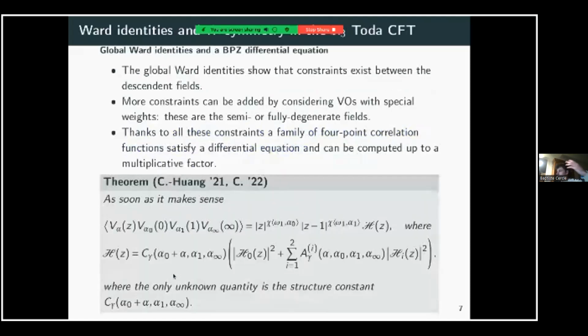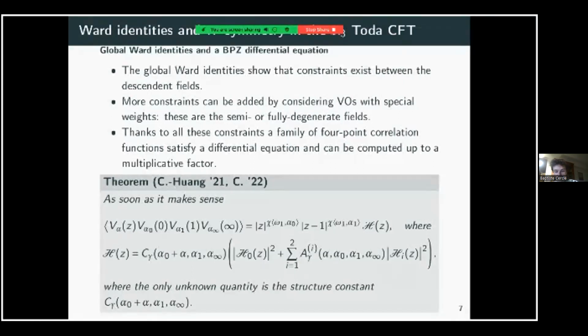And if you have a lot of constraints, a lot of equations, and if you combine all these equations, you end up showing that a certain family of 4-point correlation functions satisfy a differential equation. And thanks to this differential equation, you can show that a family of correlation functions of the form V alpha 0, as written, can be explicitly computed up to a multiplicative factor.